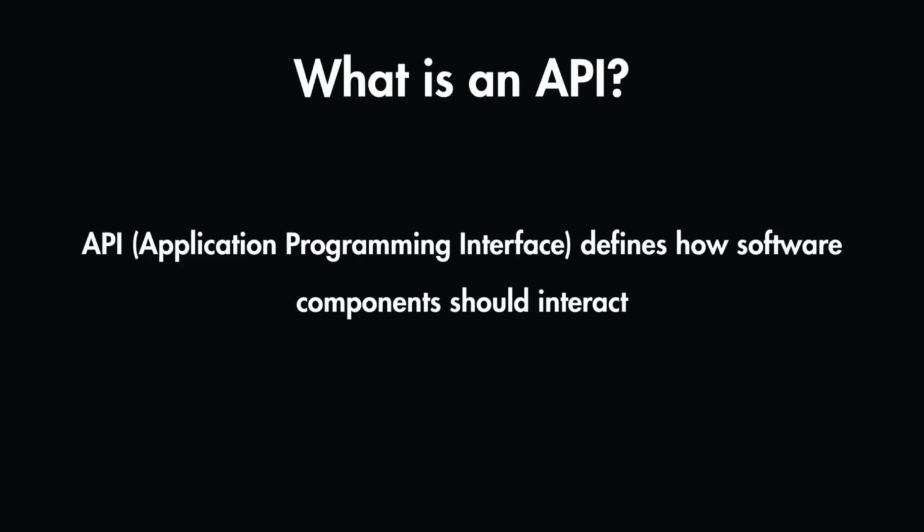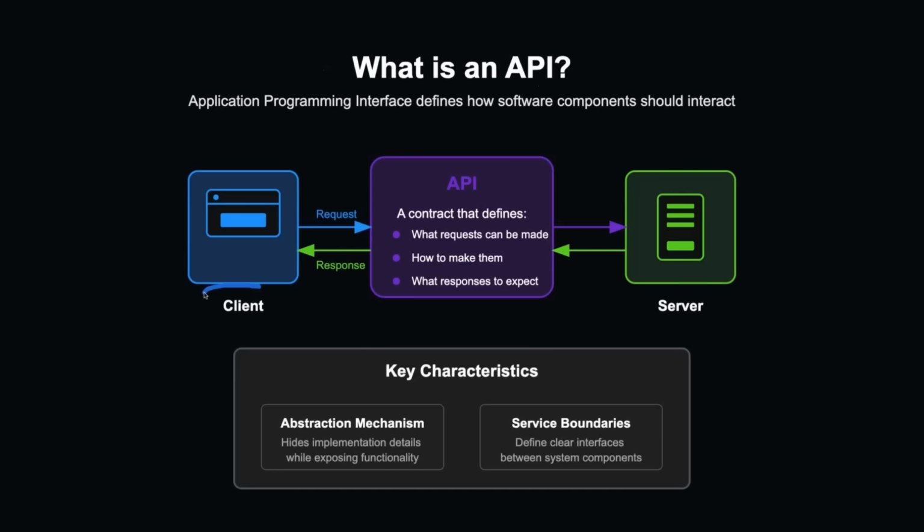API stands for Application Programming Interface, which defines how software components should interact with each other. Let's say on one side you have the client, which is either the mobile phone or the browser of this user, and on the other side you have the server, which will be responding to the requests. So an API here is just a contract that defines these terms, which are what requests can be made.